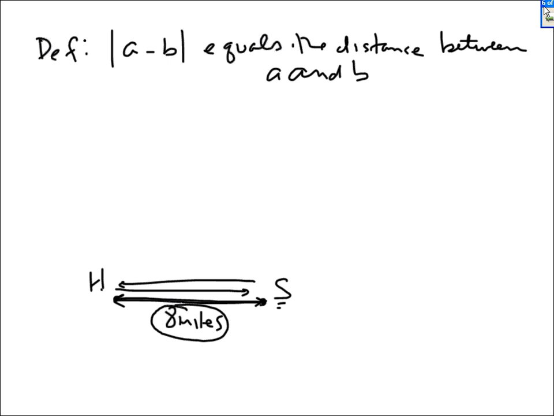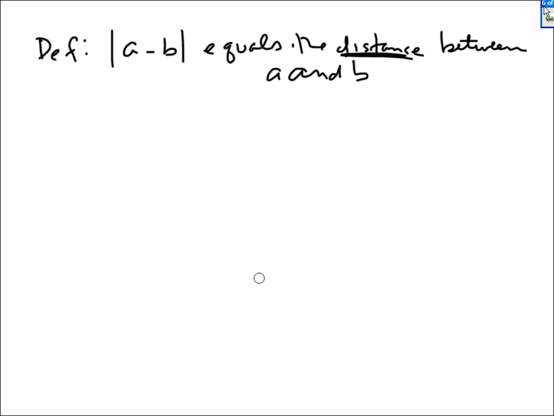Distance is never negative. Distance is never negative. So, suppose I give you this. Now what you need to do is know how to read this in English. Well, I just taught you what this means.